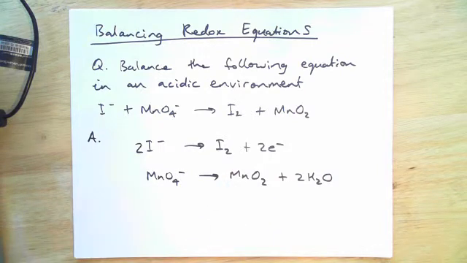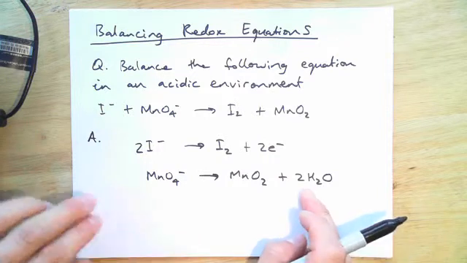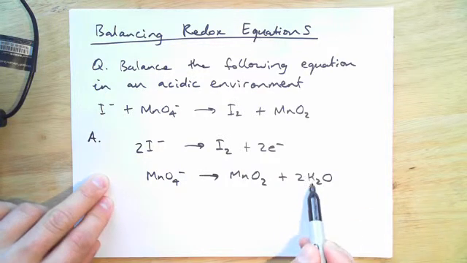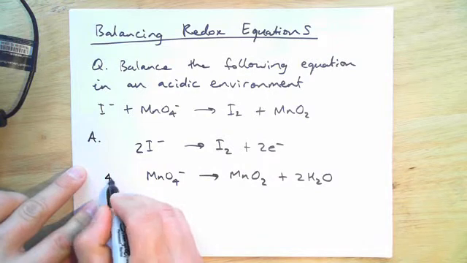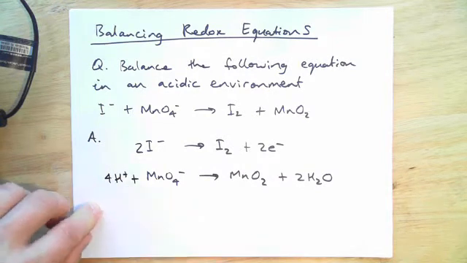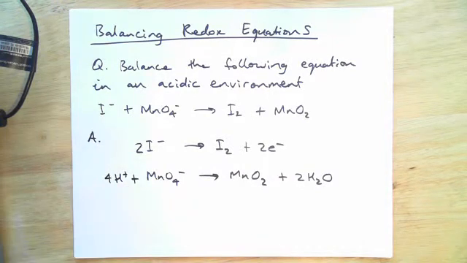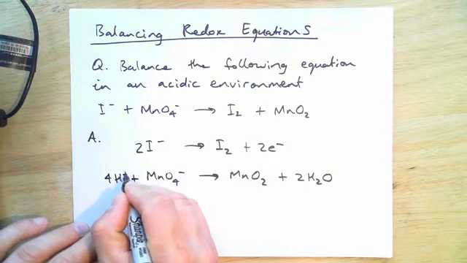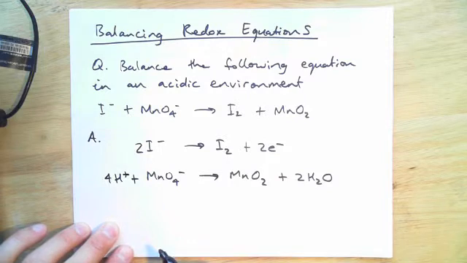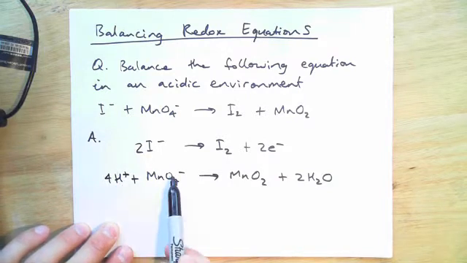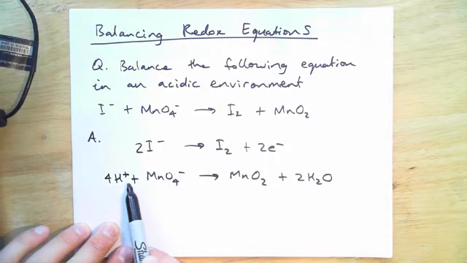Now I've introduced these hydrogens, and I have to balance the hydrogens. So I add protons to the other side. There's a total of 4 hydrogens, so I'm going to have to add 4 H pluses to that side to balance that out. After that, we have to look at the charges. Overall, there's 4 pluses and 1 minus here, a total of 3 pluses.